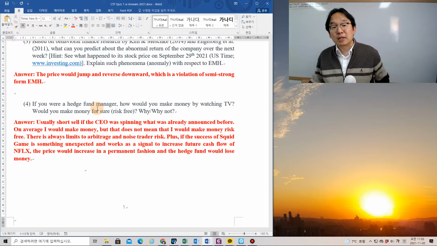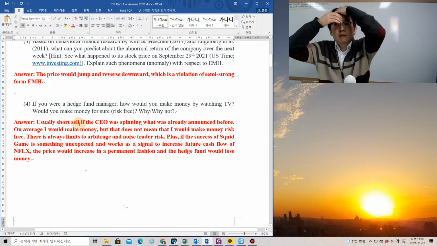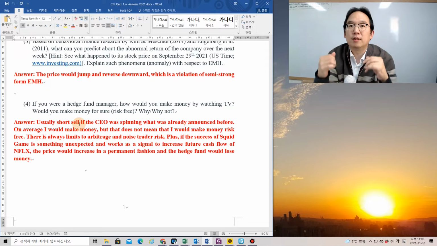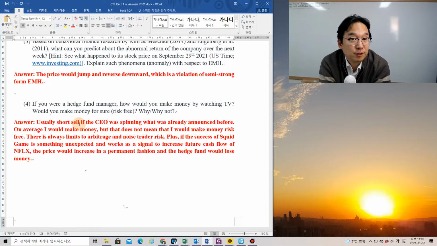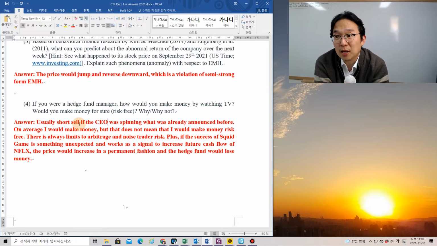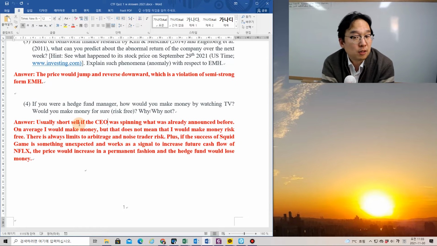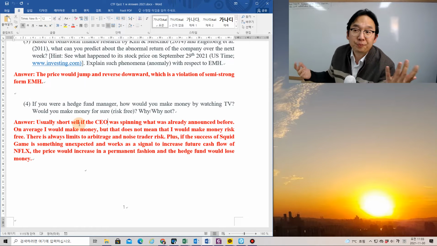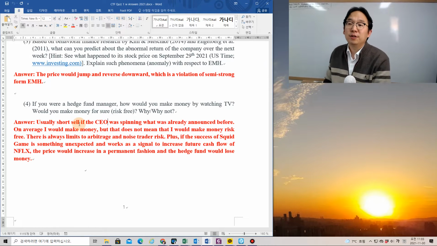Now the next question was, is it a guaranteed return that you're going to have? And the answer is no. There are always various risks associated with short selling, like limits to arbitrage, which is noise trader risk, and liquidity concerns and things like that.